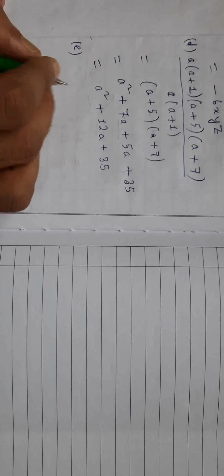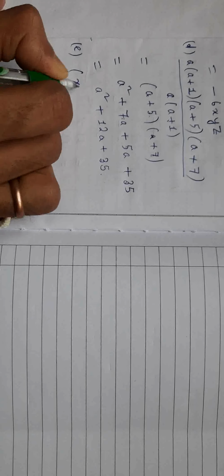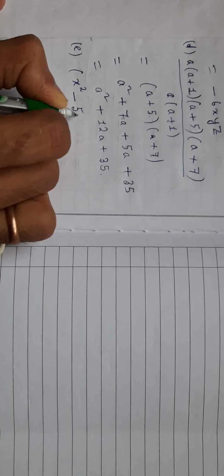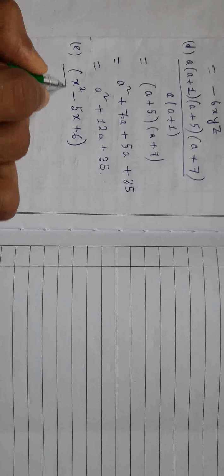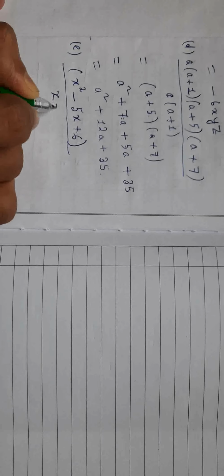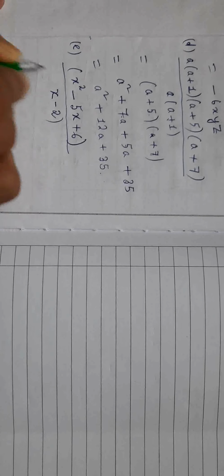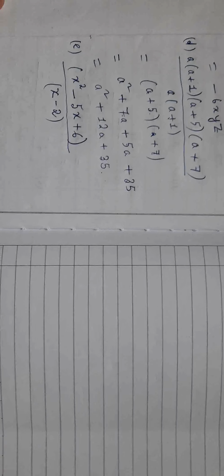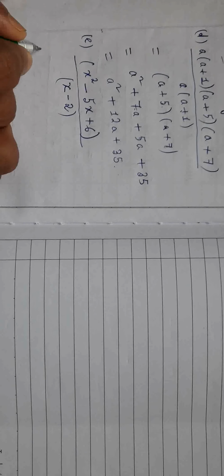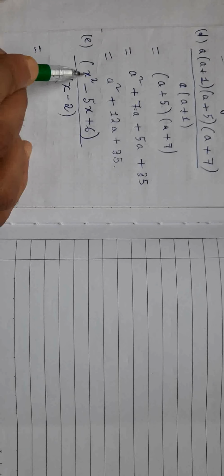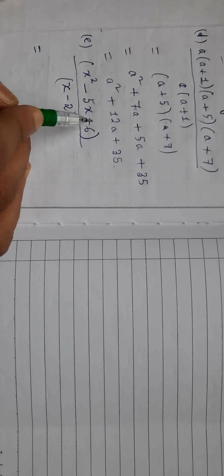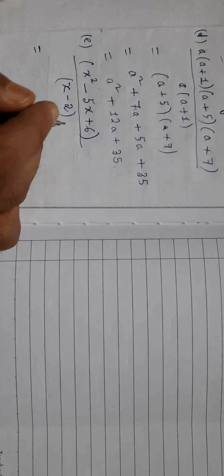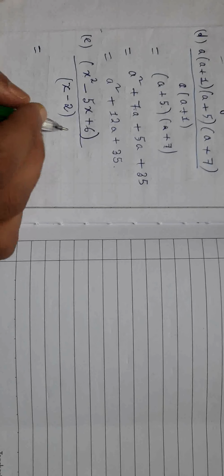Next question number E. X square minus 5x plus 6, whole thing divided by x minus 2. Now in the numerator you will find nothing is common, so we'll try to solve the numerator using middle term factorization or middle term splitting, which you have seen earlier.